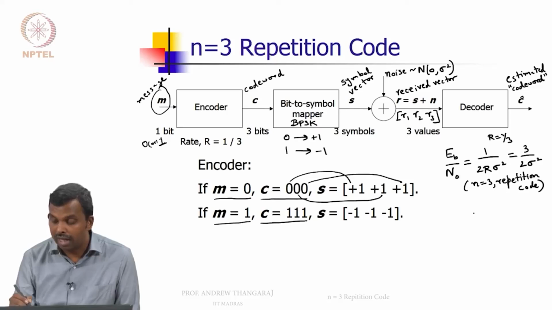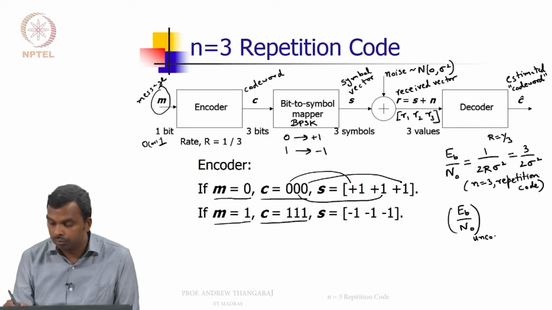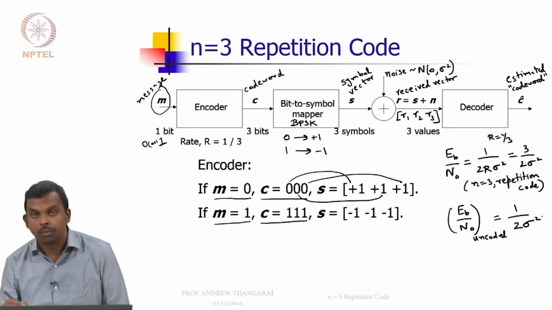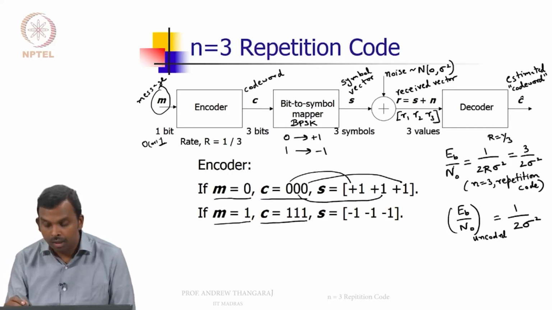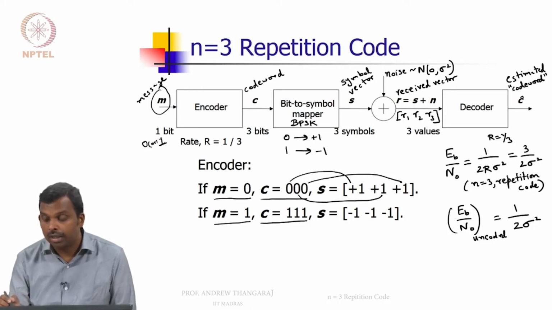What happens if you have the uncoded situation? If you look at Eb over N naught uncoded, the rate is actually 1, so you have just 1 over 2 sigma squared. Notice what happens here. For the same value of Eb over N naught, in the uncoded case you will get one sigma, and in the coded case you will get another value of sigma.